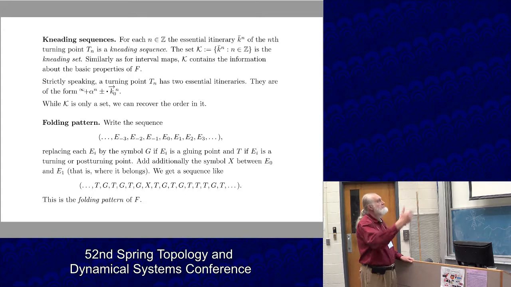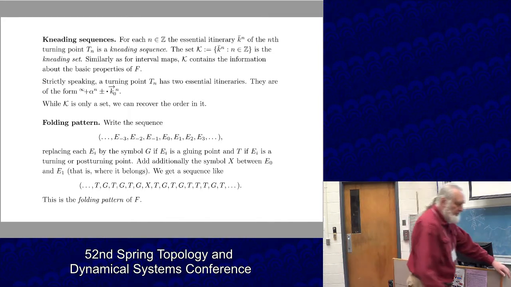So you have one sequence, which is also countably many pieces of information, but it's just one sequence, so it's much simpler. And we call this the folding pattern.